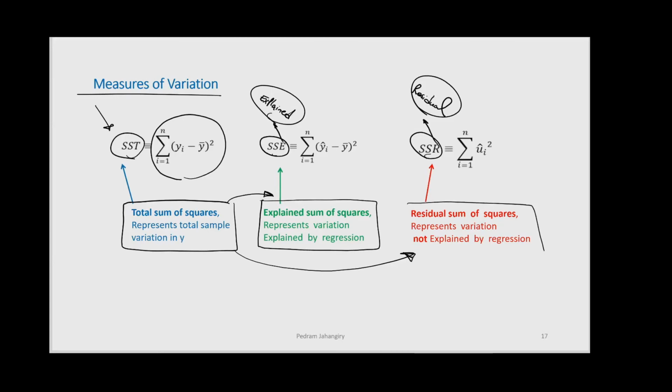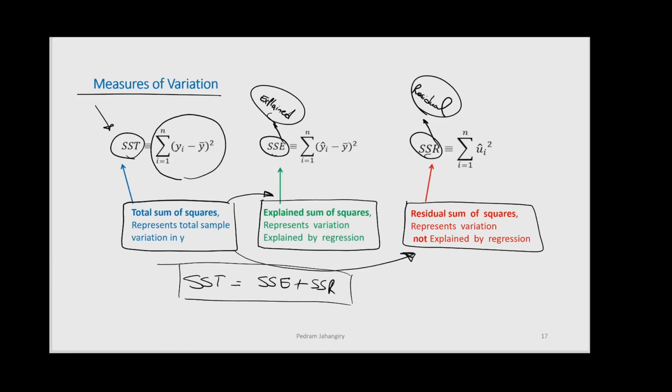And this represents the unexplained, the residual part of the variation in y, right? So think about it. Does it make sense if I write SST equals SSE plus SSR? That's exactly what's going on. So we call this decomposition of the variance of Y.